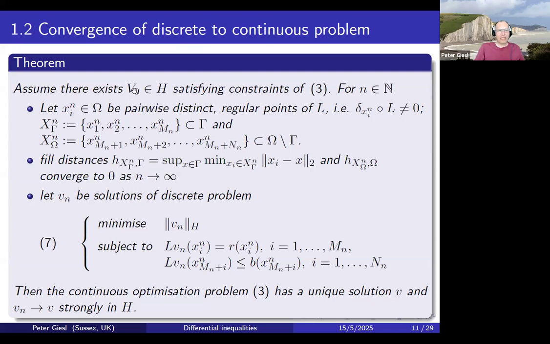The assumption is that there is a function that satisfies the constraints. Otherwise, you won't be able to prove anything, but then you can have the V_n's converging to the norm-minimal solution.